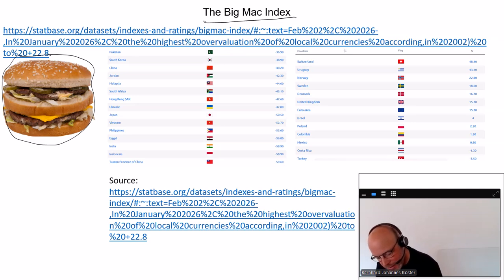And then you see here the most overvalued due to this Big Mac index currency.